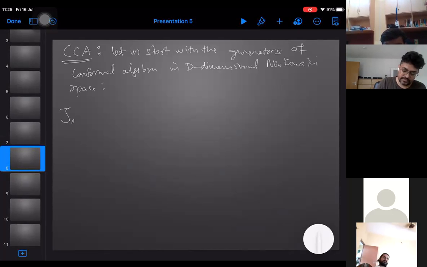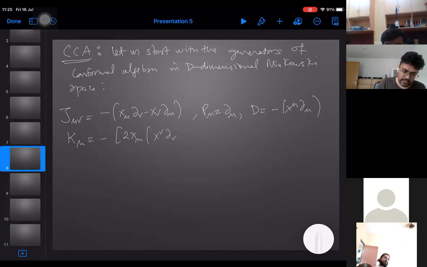You already know that, but I'm just writing it. P mu is equal to del mu, this is in the coordinate basis. And finally, your K mu is given by this. If someone doesn't know, I'm just writing that. And x square is this.